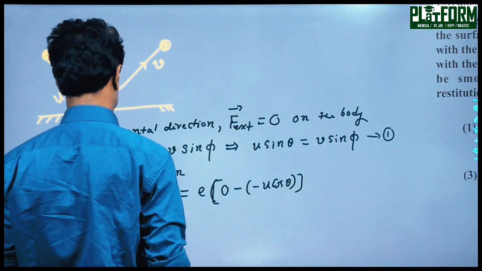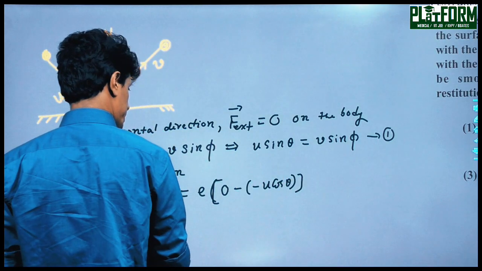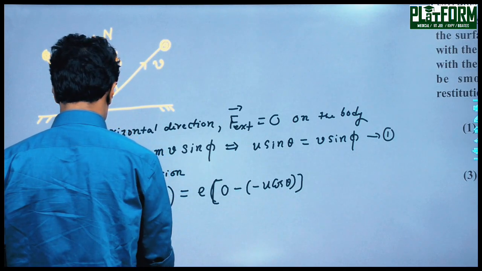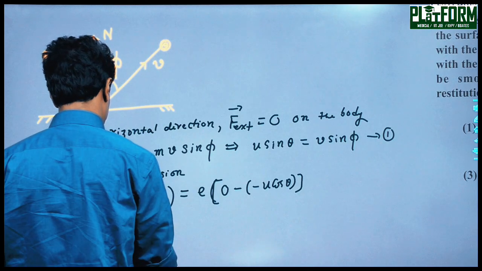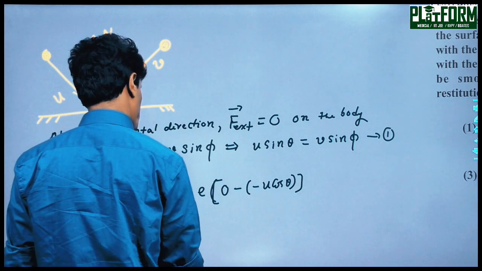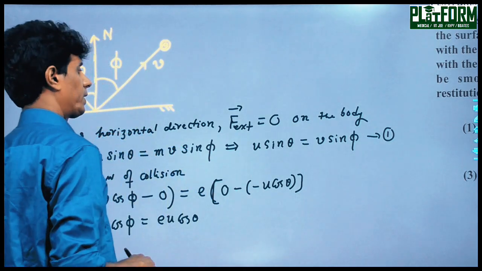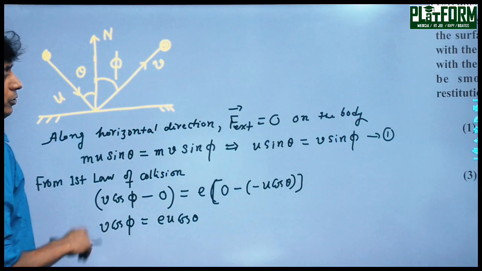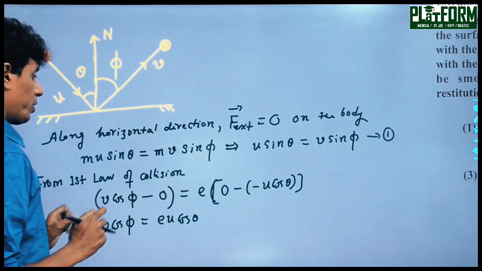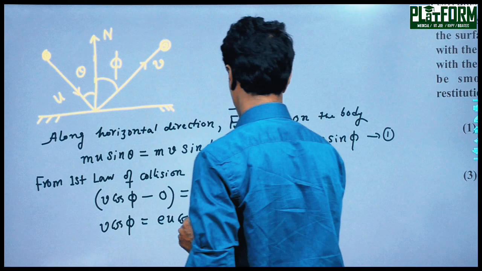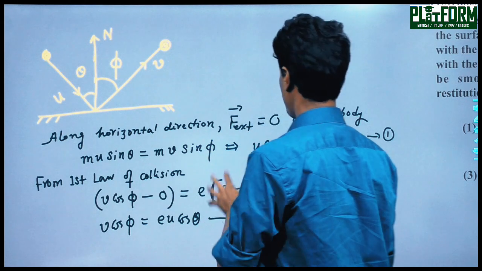So v cos phi is equal to e u cos theta. So in this collision there are two important equations, equation number 2 and equation number 1.